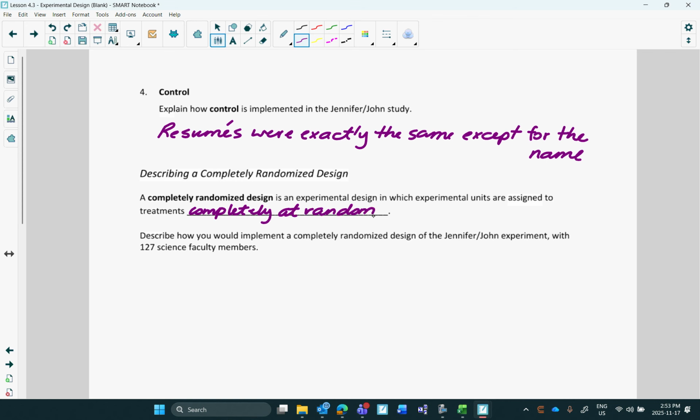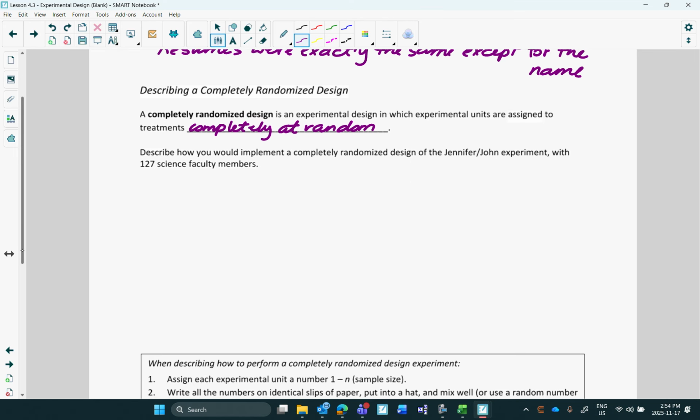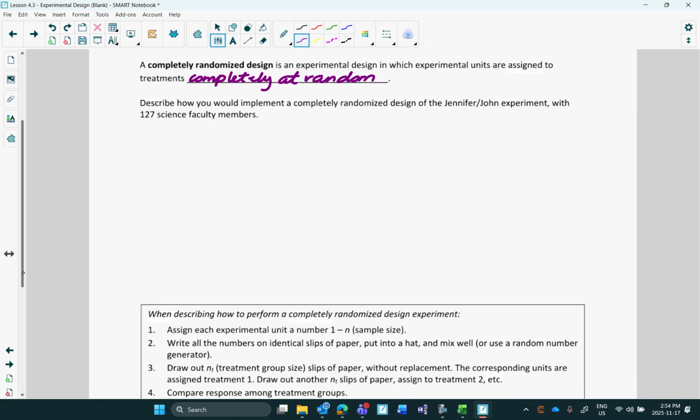How do you describe a completely randomized design? Well, there's a couple ways you could do it, actually. One is you could use a diagram. The other is you could just write a paragraph. So, this shows you down here what you should be following when you describe a completely randomized design experiment.